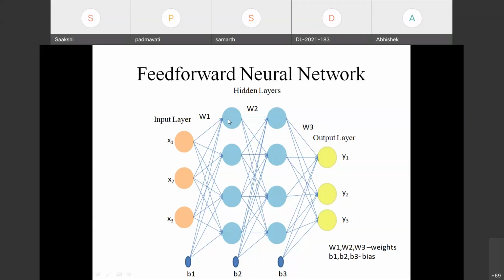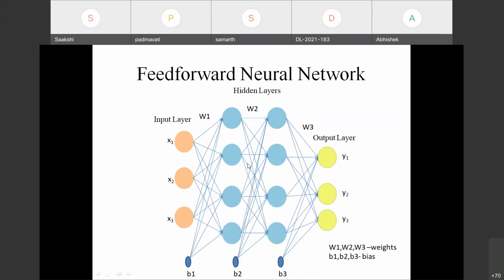In that case, this neuron will compute y hat equals some function of w1 into x1 plus b1. So it will generate some output based on that function. Suppose that function is giving us the linear output. Then it will generate the output as w1 into x1 plus b1.